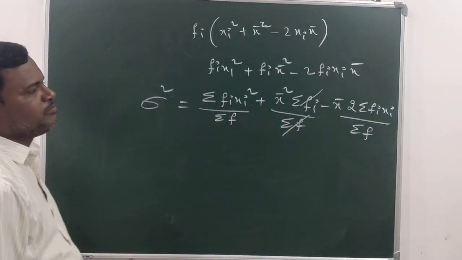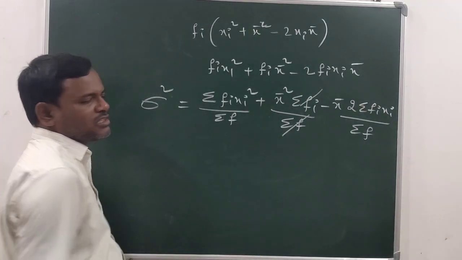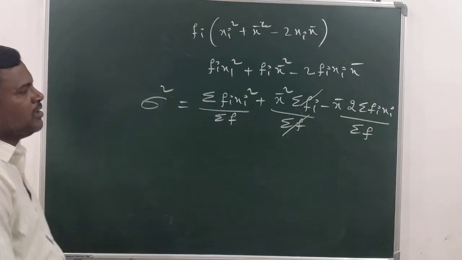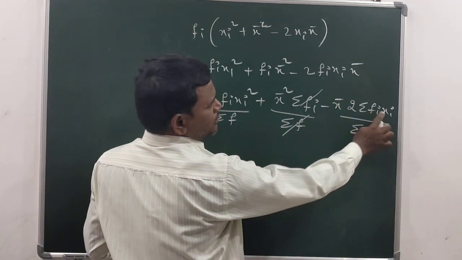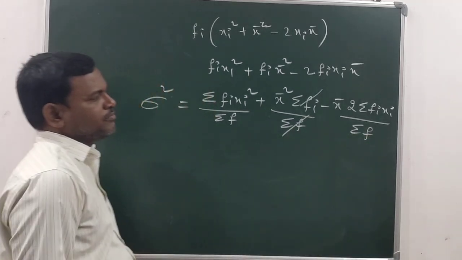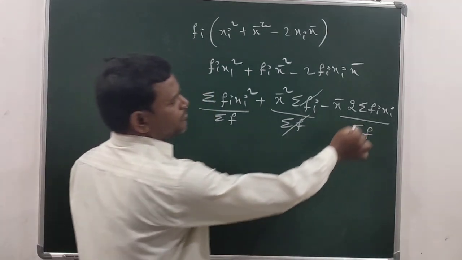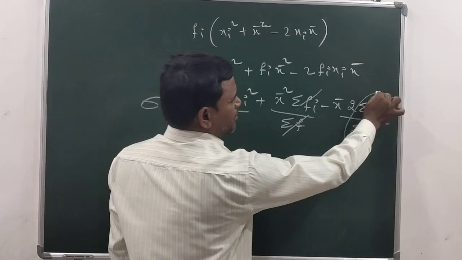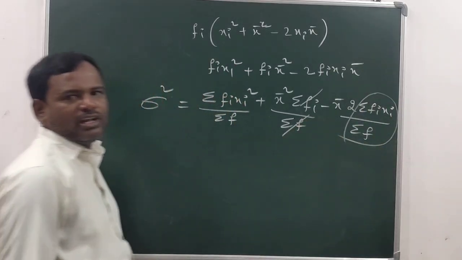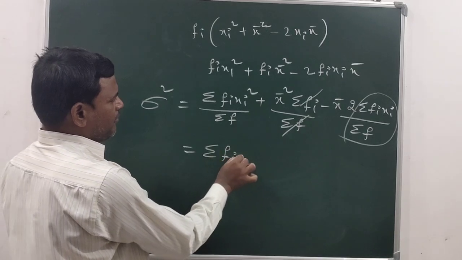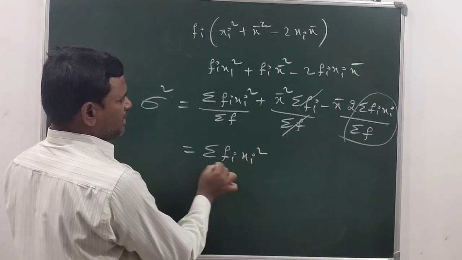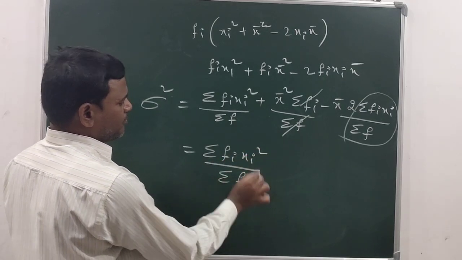X bar square, the mean. Here fi xi by sigma f is nothing but the mean only, na? And the first term is sigma fi xi square by sigma f.